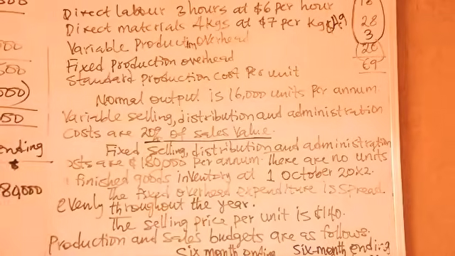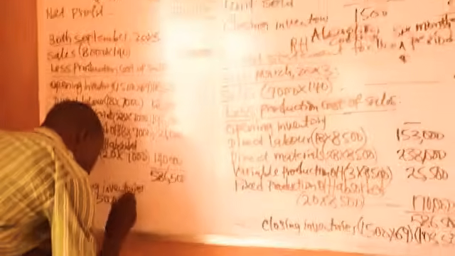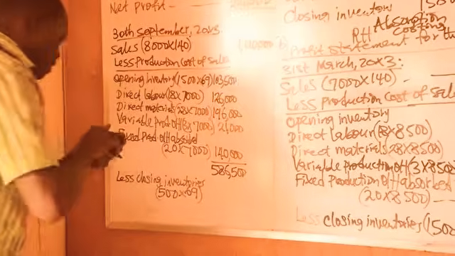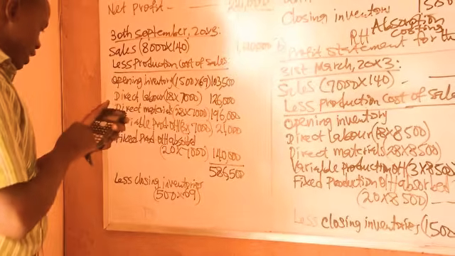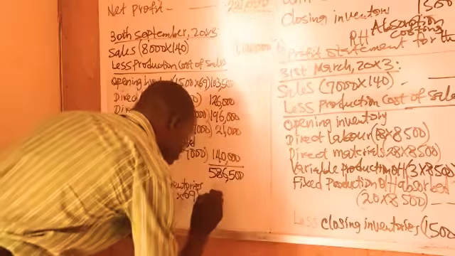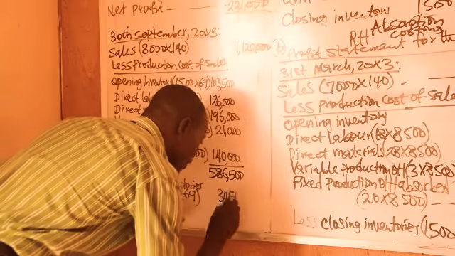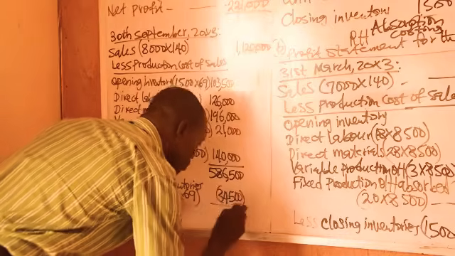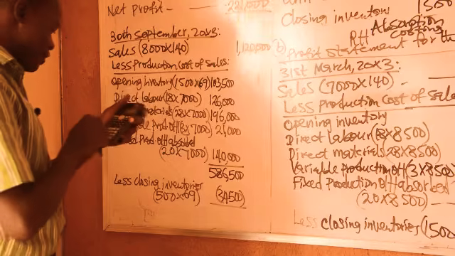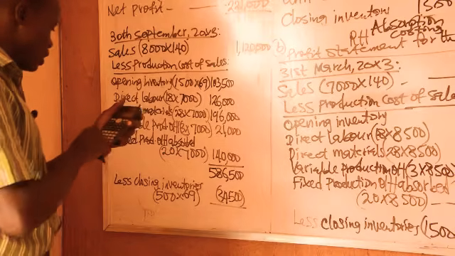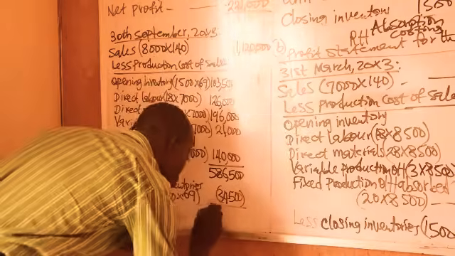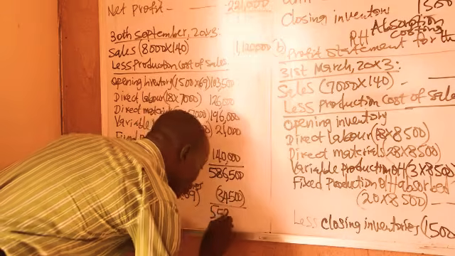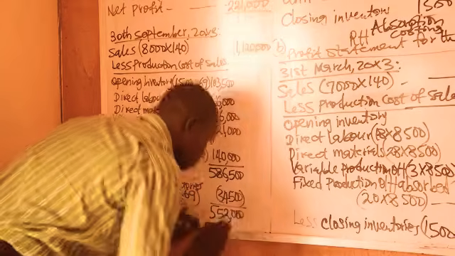So you have 69. 500 times 69 gives you 34,500. So when you less that from 586,500, then you have 552,000.